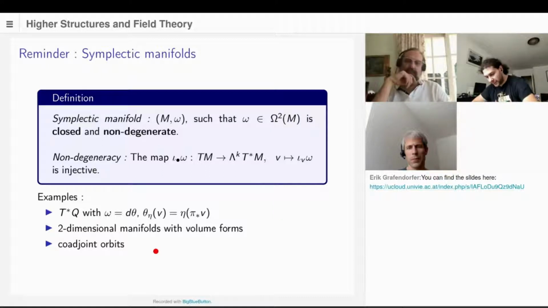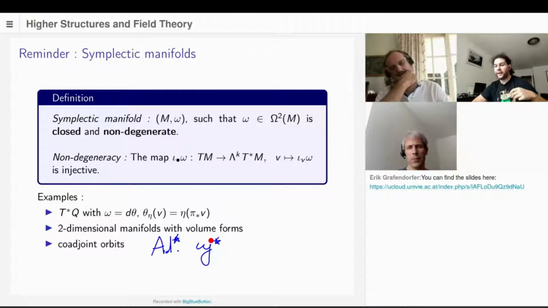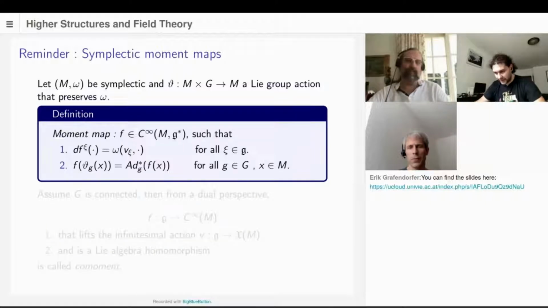If we take the dual of the adjoint action on a Lie algebra, then on the whole dual of the Lie algebra there is a Poisson structure, and the orbits of that Poisson structure, the symplectic orbits, are actually symplectic manifolds. Okay, that was just a quick reminder.